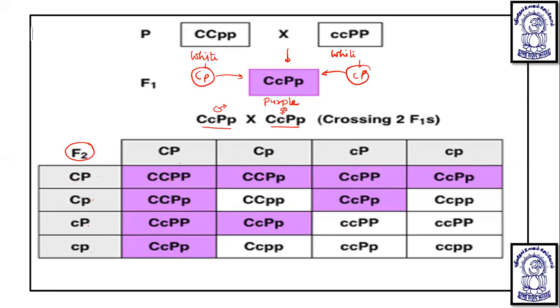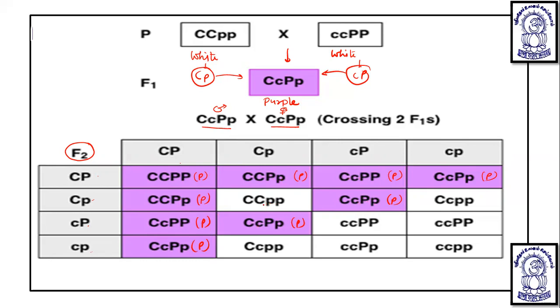This capital C, capital P, both are dominant, so purple color will be obtained. Here C and P are dominant, so here also purple color. Here both are dominant, so there is a purple color. The remaining ones have one recessive gene in the homozygous condition.